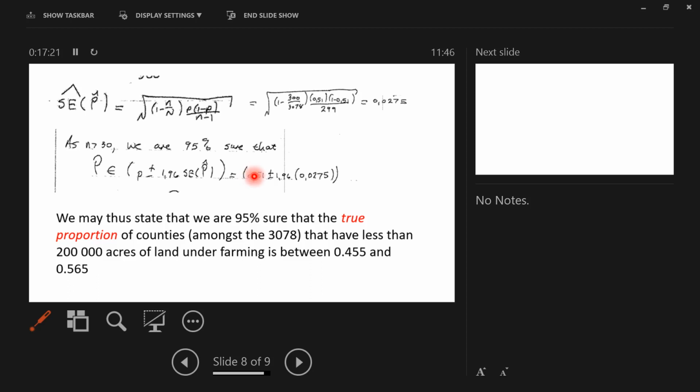But if you want to give a confidence interval, we can say we're 95% sure it's between 0.455 or 45.5% and 56.5% of all of the 3078.